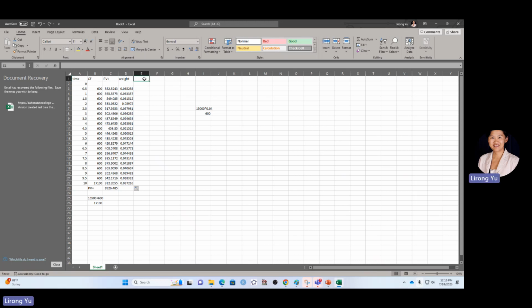Okay, now it's a weighted average of the time. So we're going to take the time, multiply by the weight. So we're going to multiply A3 with D3, and we do the same.